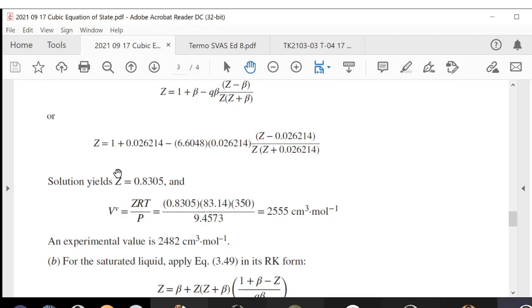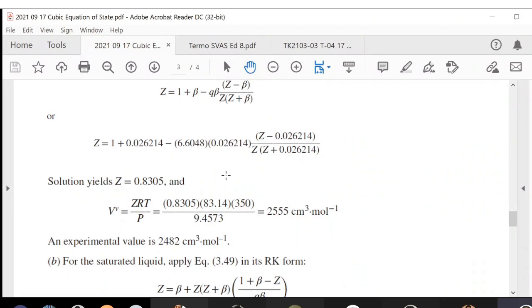How about this is Z number 1? How about Z number 2? How about Z number 3? Because there is supposed to be 3 Z's. Sometimes we get that Z equals negative, or that Z is not a real number, but it is imaginary number. In that case, we just take the real number, that is the one below 1.0. Okay, so we get 0.83.